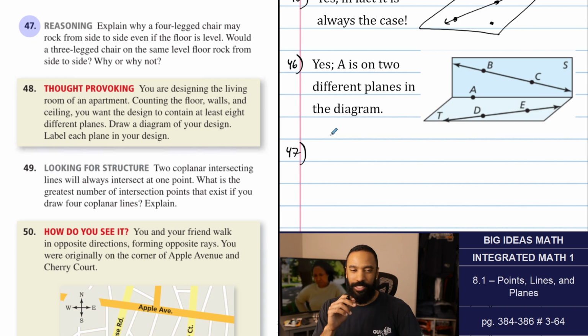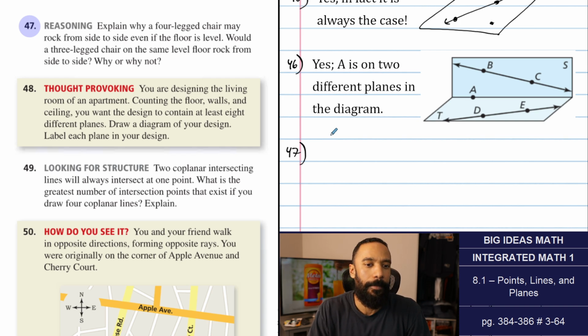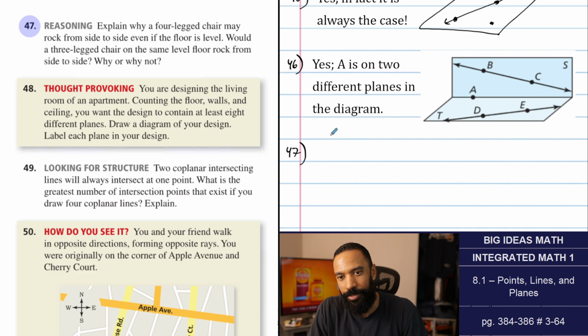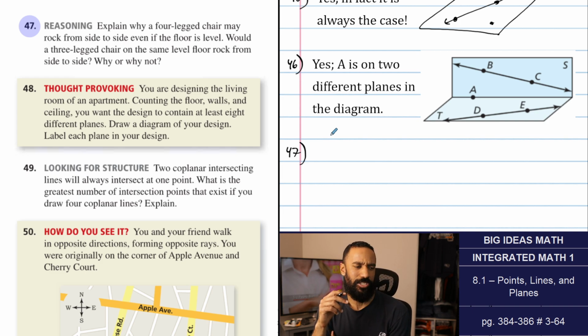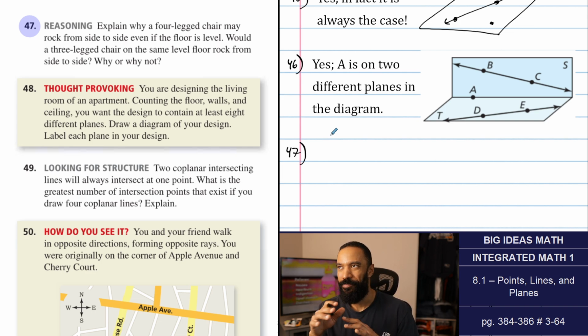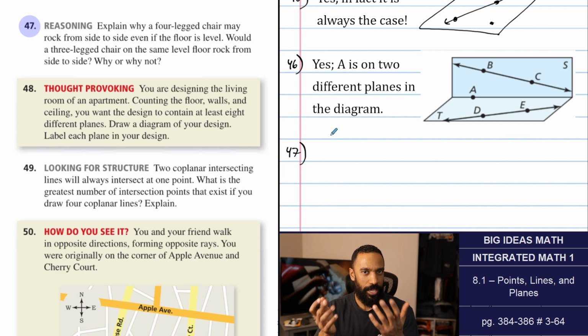How do we answer that, though? Hold on a second. Okay. May rock from side to side. I'm trying to see how they're asking the question. Because I'm thinking more of how the thing would collapse if I tried, versus the idea of the rocking aspect. I need to think in terms of geometry.